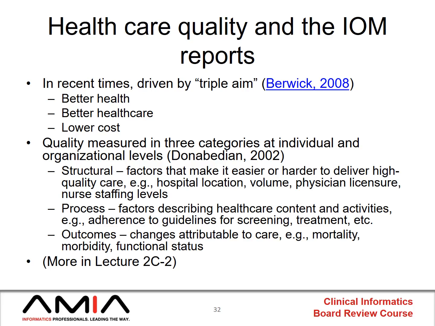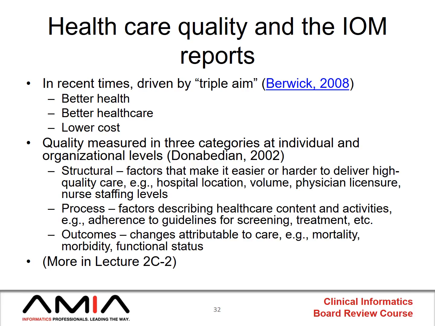When we talk about healthcare quality, there are different categories, and these are applied at the individual and organizational levels. There are structural healthcare quality measures. These are factors that make it easier or harder to deliver high quality care. Things such as hospital location, volume, amount of physician licensure, nurse staff levels, and so forth.